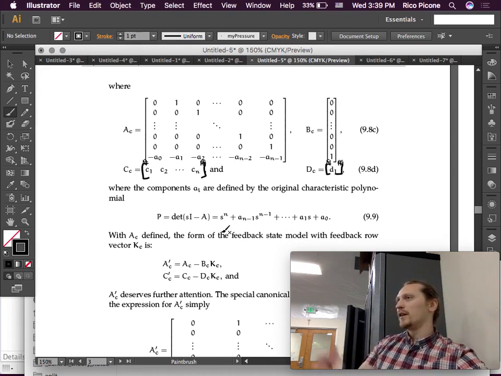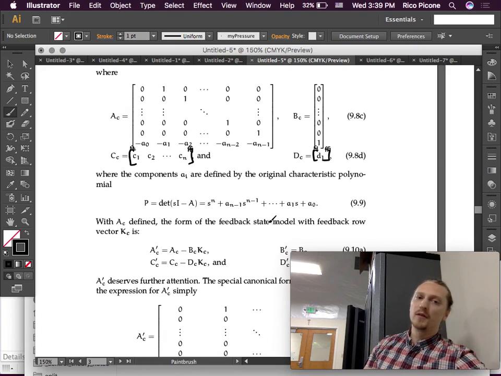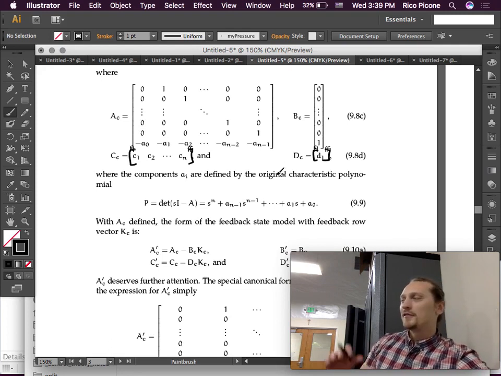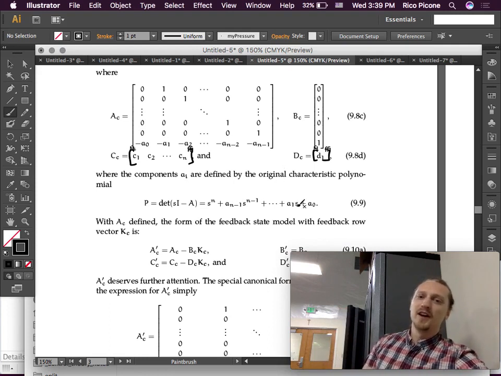It doesn't vary depending on the basis you're in. So we have all of the coefficients that go into our A matrix. Our phase variable canonical form A matrix is done. Bam. Right away. Easy to find.